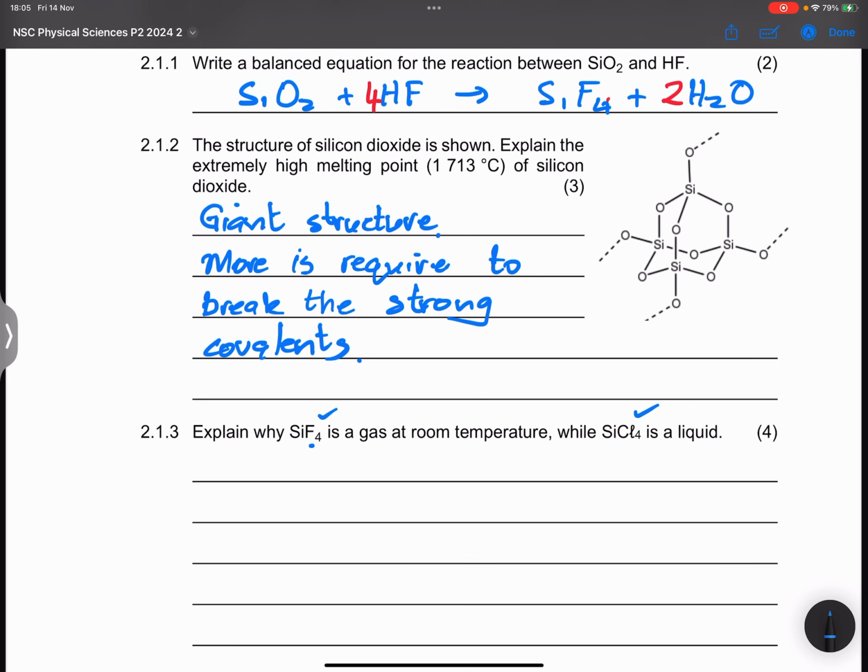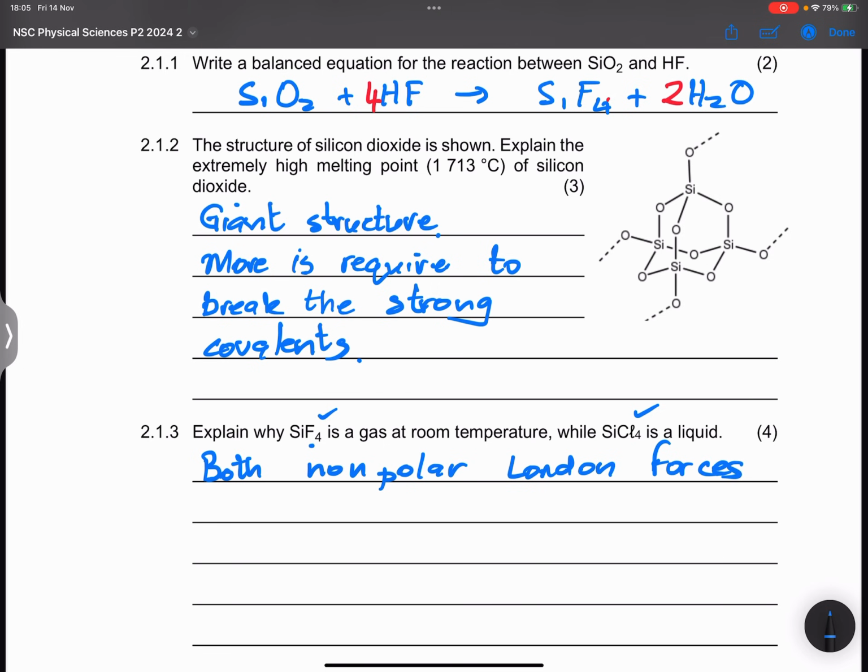So firstly, we know that both of the molecules would be nonpolar, and that will be determined by an equal sharing of electrons. So both are nonpolar and contain London forces, or you can call them dispersion forces.